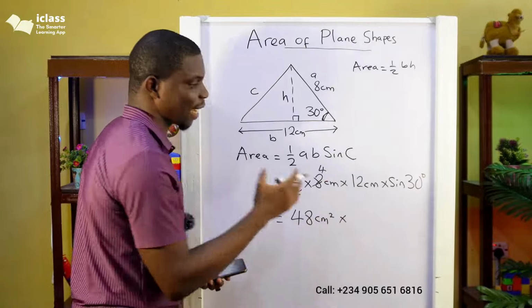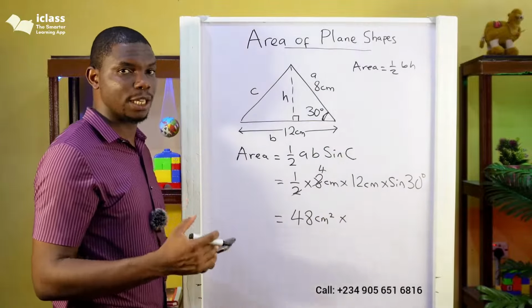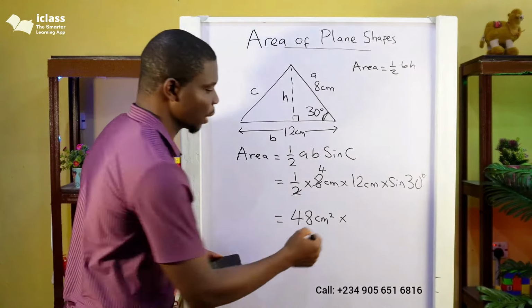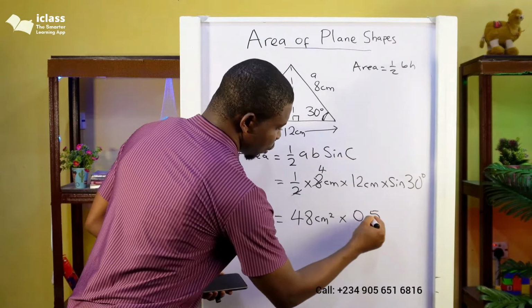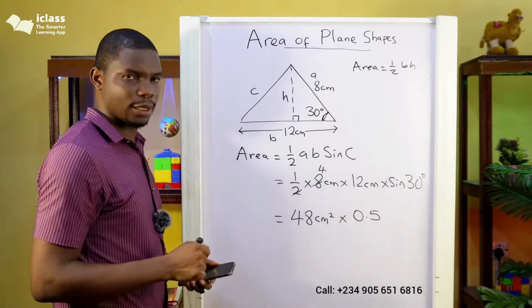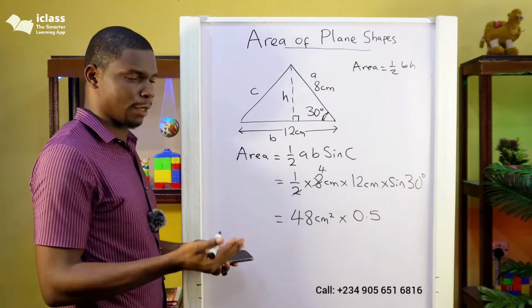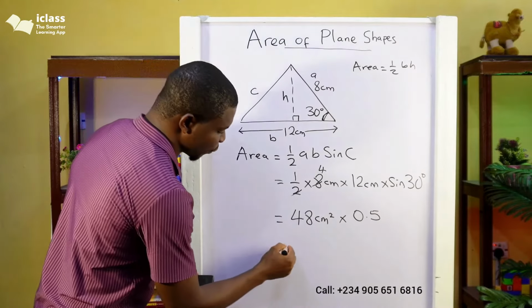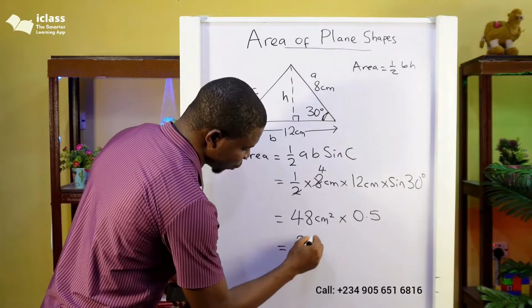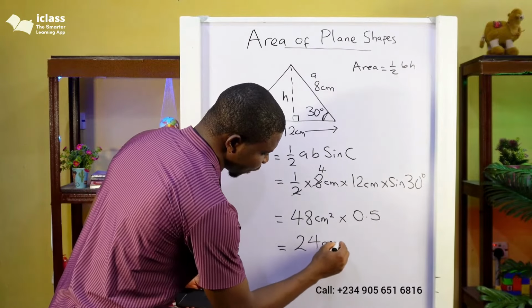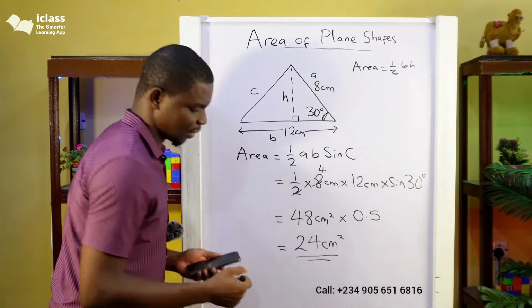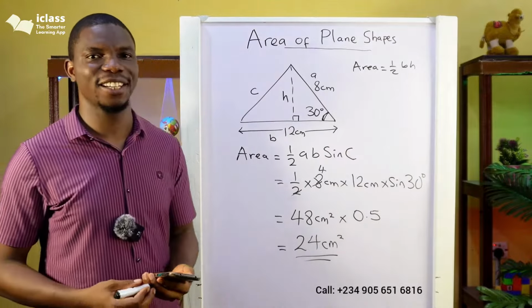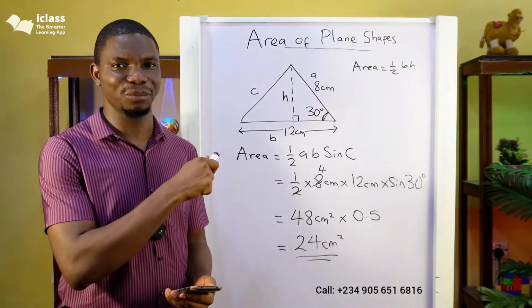Then times sine 30 degrees is 0.5. So 0.5 times 48, just like saying half times 48. What is half of 48? That will be 24 centimeter squared. And this is the area of this triangle.